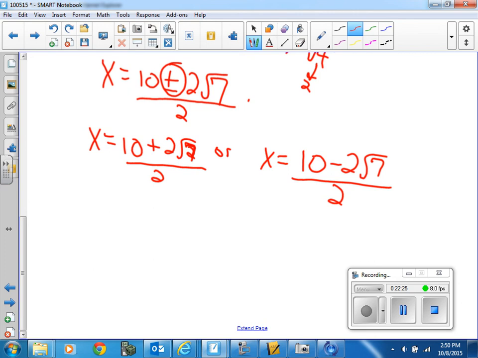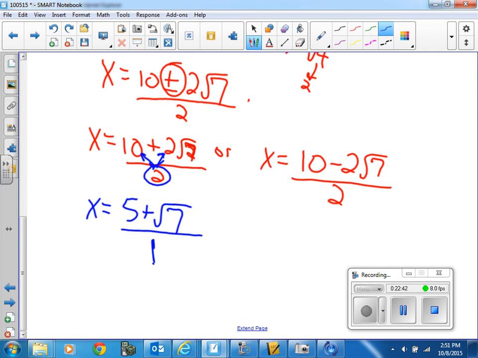All right, now these can be simplified because you have your triangle of numbers here. If they are all divisible by a number, then you can simplify them. So we have x equals 5 plus radical 7 all over just 1, right? Because the 2 divided by 2 just gives me 1, so 1 radical 7. 10 divided by 2 gives me the 5.